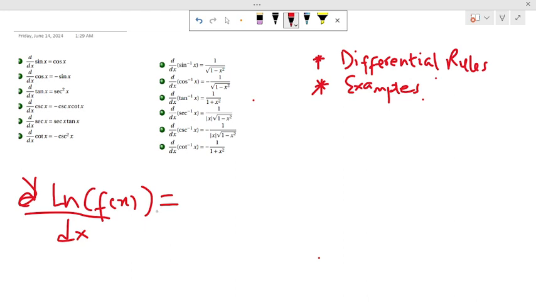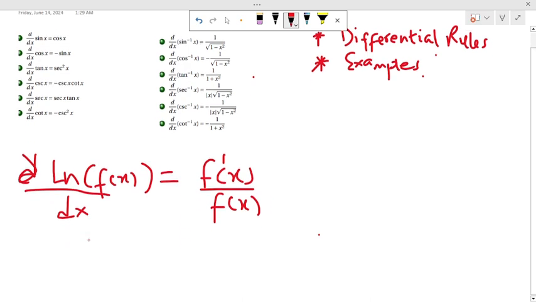I call this the baby, and the ln function the parent. So we differentiate the baby, then we divide it by the baby. So we differentiate what is inside, then we divide it by the original thing.